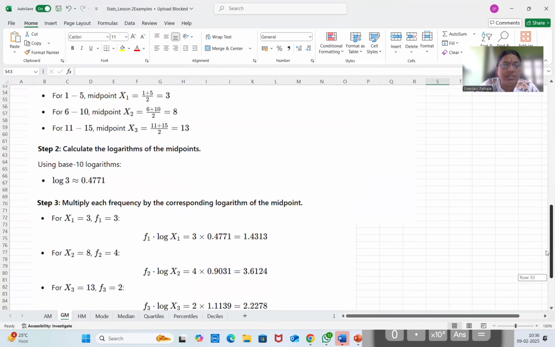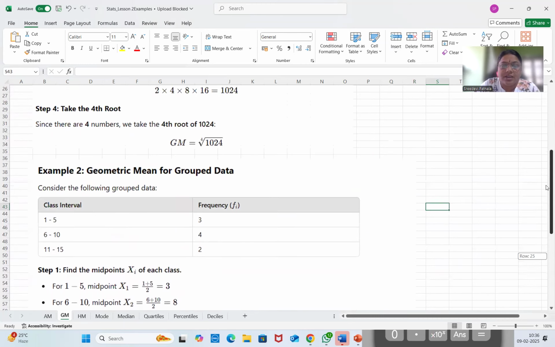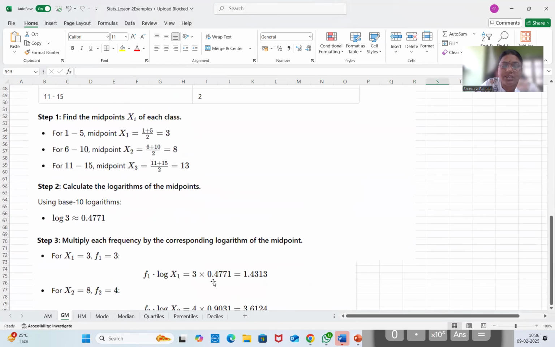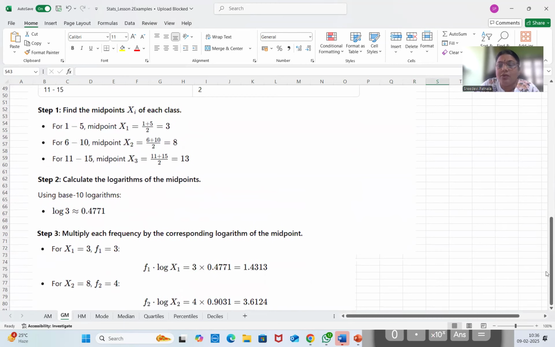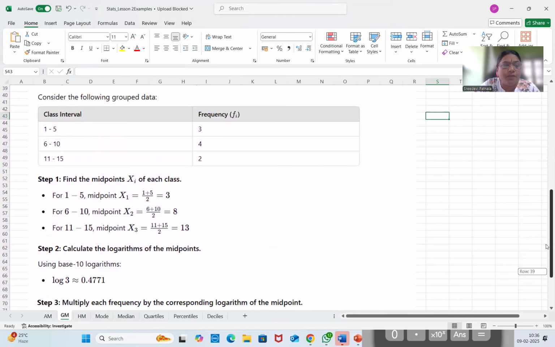Now, the third step is to multiply fi into log xi. The fi value is your frequency, which is 3, 4, 2. So 3 into log of 3, and log of 3 is nothing but 0.4771. Similarly, the next frequency is 4, and 4 into log of 8, since the midpoint value is 8.